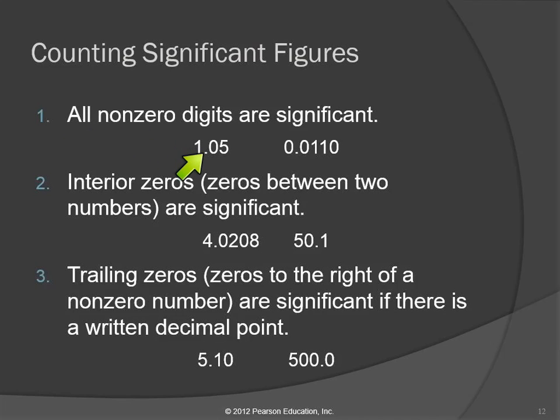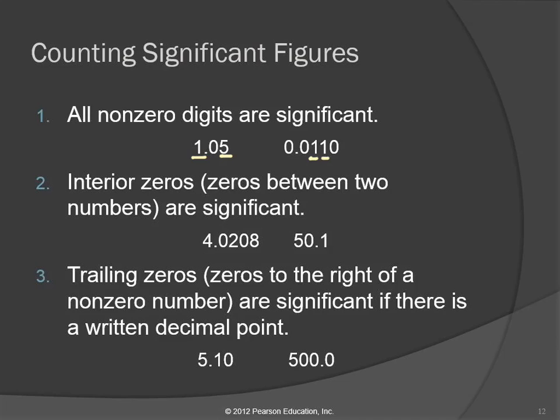So the example in this number 1.05, the non-zero digits, of course, are the 1 and the 5, right? You might say, well, duh. It's okay. In this number, we have 2 non-zero digits. Those are going to be significant. Remember, the significant digits are all of the certain digits and the first uncertain. There's always going to be one uncertain digit in a correctly written measurement.